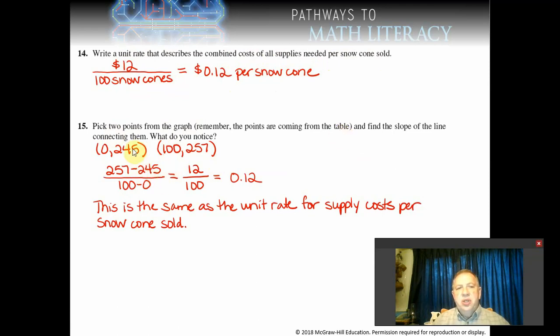The slope is just the change in the y value divided by the change in the other, that rate of change. Here the rate of change looks like 257 minus 245, the change in the y value divided by the change in the x value per 100. That's the 12 cents. So this is the same as the unit rate for supply cost per snow cone sold.